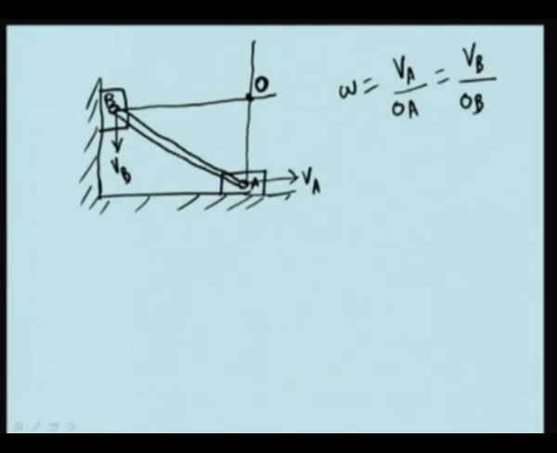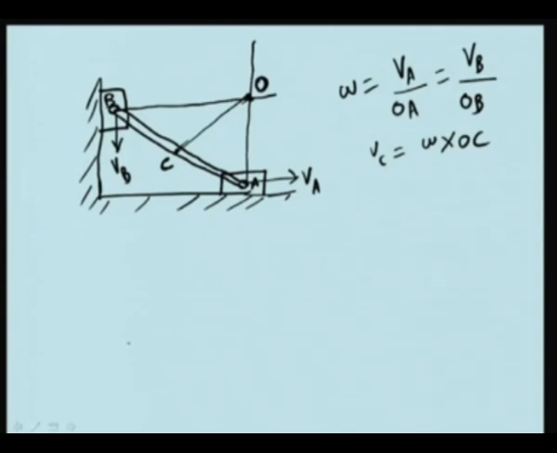If you want to find out the velocity of any point C in between, this is nothing but omega cross OC. So, join O and C. The magnitude of velocity of C will be omega times OC, and the velocity of C is perpendicular to the line OC. So, this way you find out the instantaneous center.